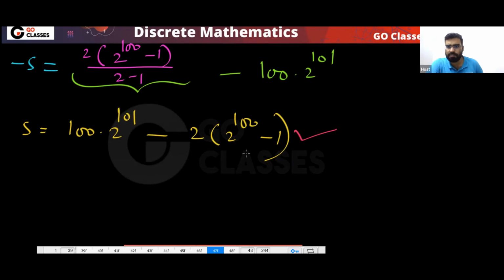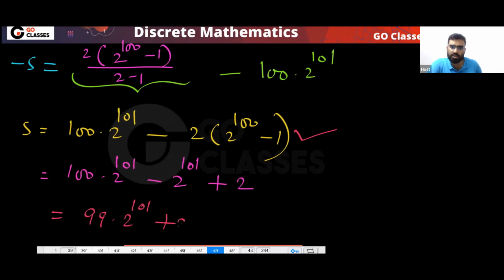Is this clear to everyone? Or if you want, you can simplify it like this: 2 power 101 plus 2. So finally it will be 99 into 2 power 101 plus 2. This will be your final answer.